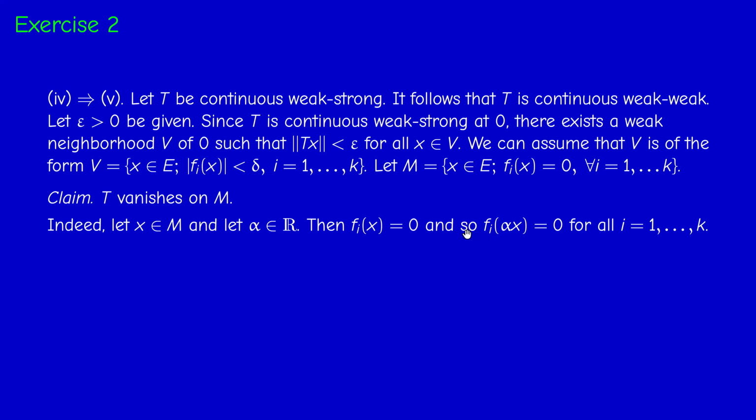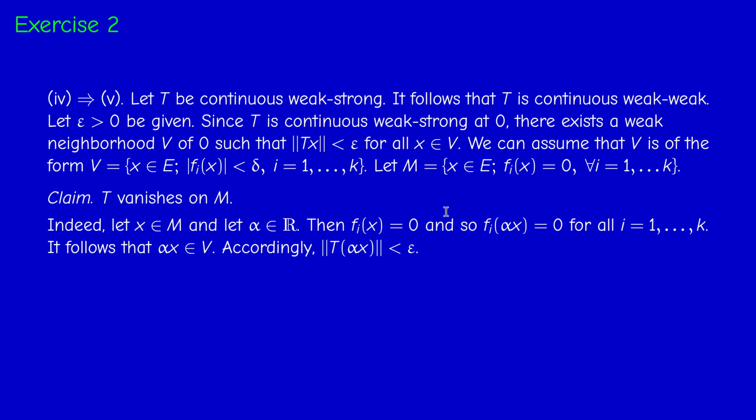Since Fi is linear, because it's in the dual of E, Fi of alpha x is 0 for all i between 1 and k. Therefore the absolute value of Fi of alpha x is less than delta, and therefore alpha x is in V. By our choice of V, if alpha x is in V, then the norm of T of alpha x is less than epsilon.